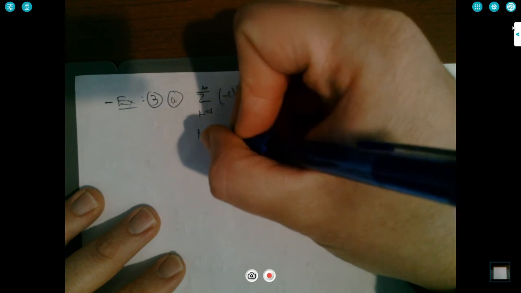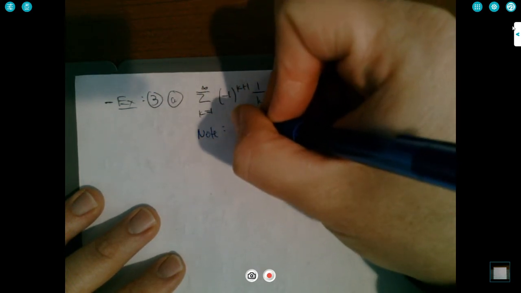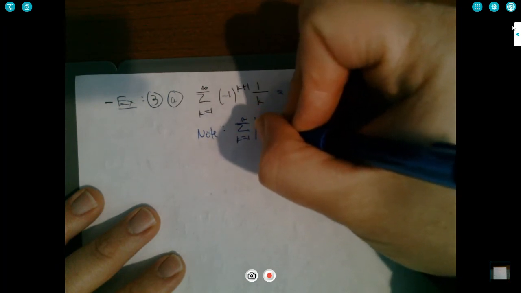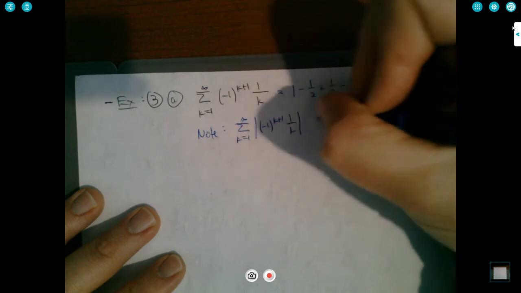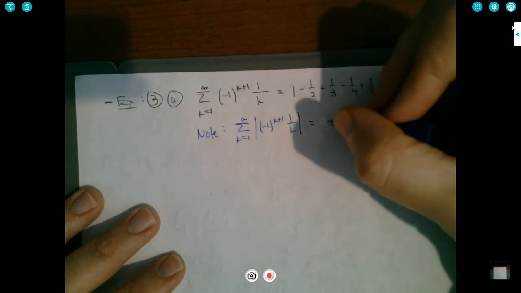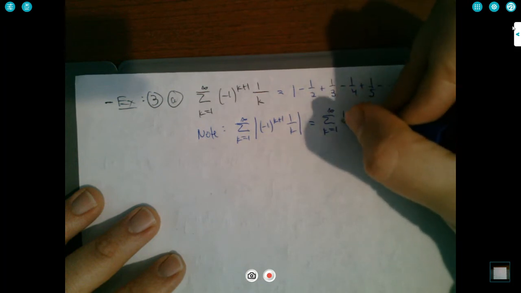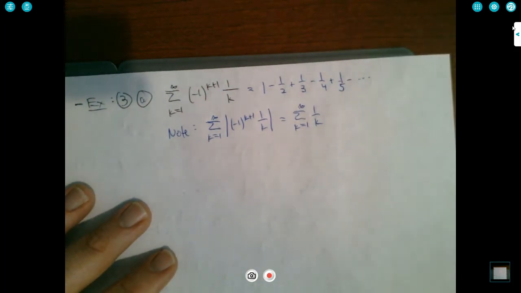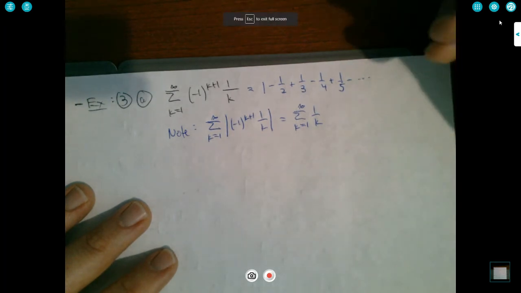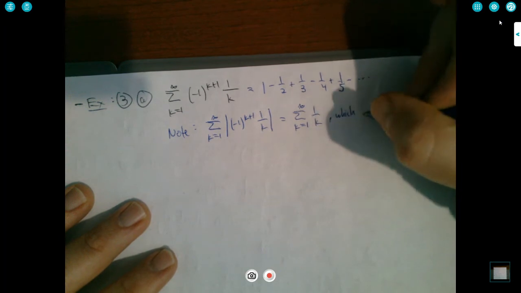So note, the sum from k equals 1 to infinity of the absolute value of negative 1 to the k plus 1 times 1 over k equals the sum from k equals 1 to infinity of 1 over k. It just gets rid of that negative 1 to the k plus 1. And this thing diverges, right?